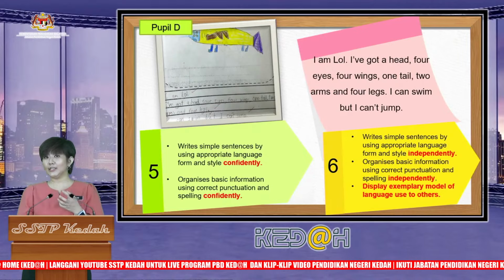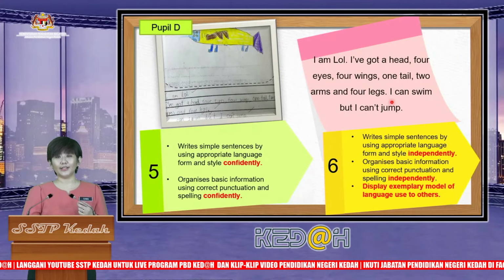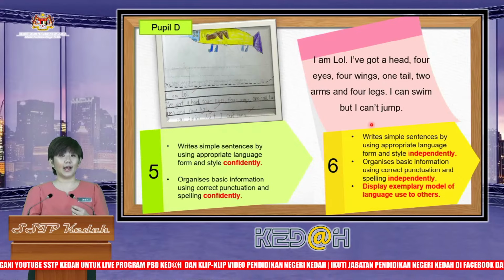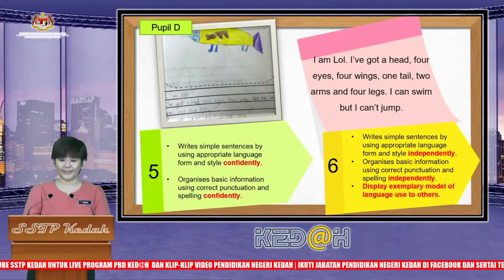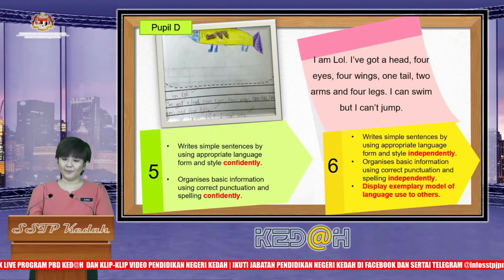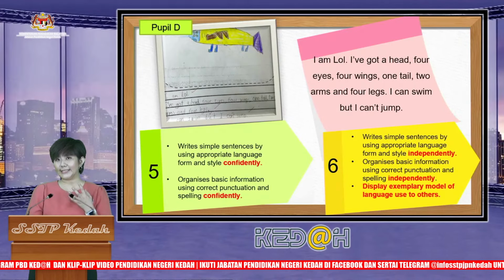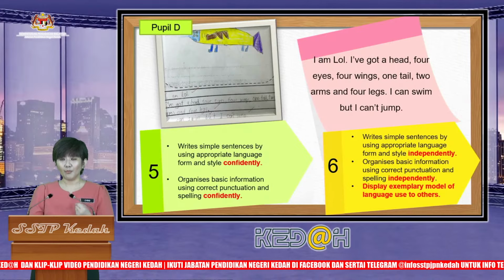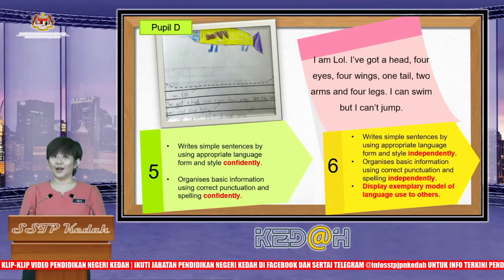However, he did not directly copy this sentence. I can swim, but I can't jump. Okay, he altered a bit. So I would think that he deserves a 5 because I don't think he displayed an exemplary model of language use to others.